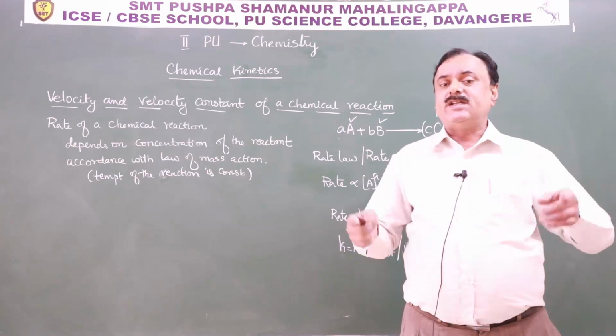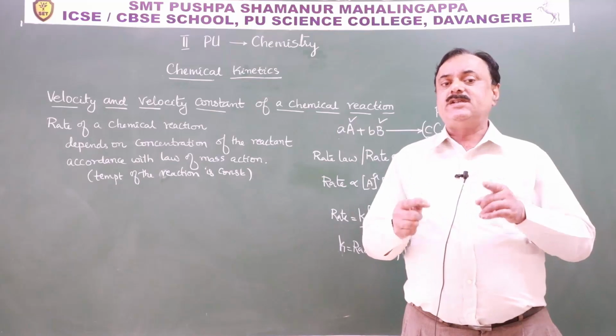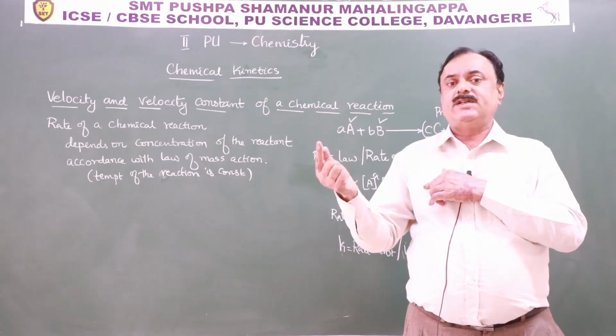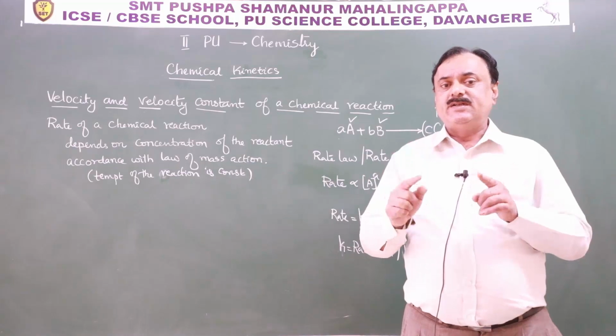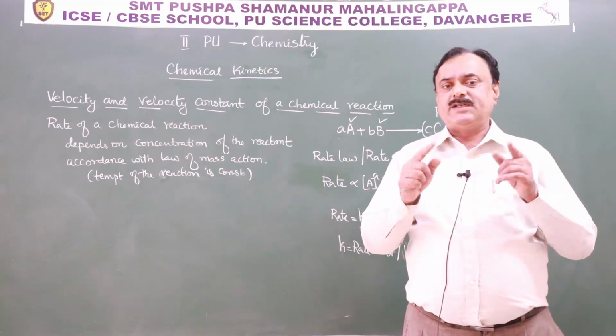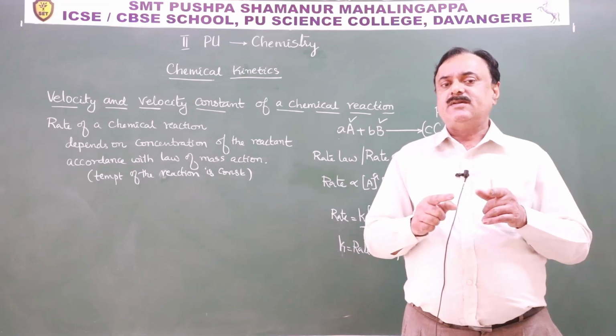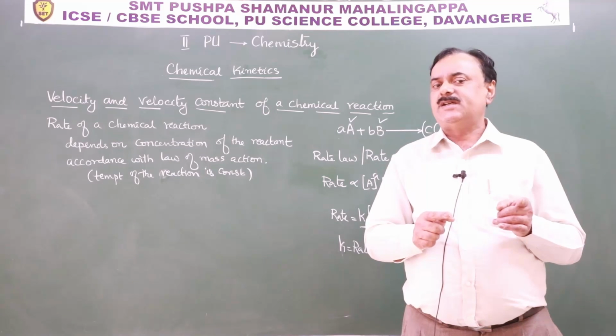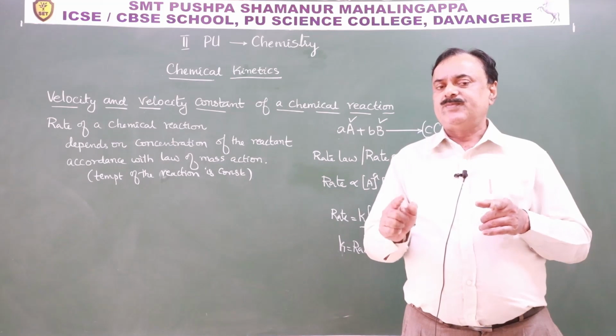Therefore, it does not depend upon the initial or final concentration of the reactant. It depends upon the temperature of the chemical reaction. The velocity of the reaction decreases with increase in time, but the velocity constant is always constant.